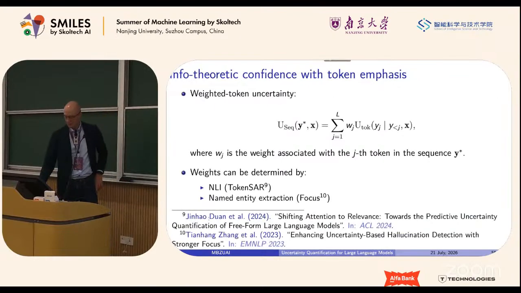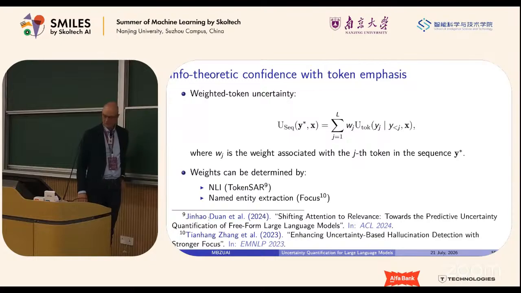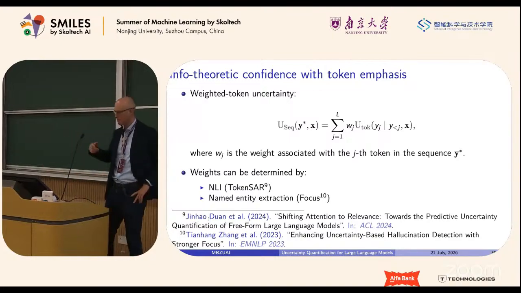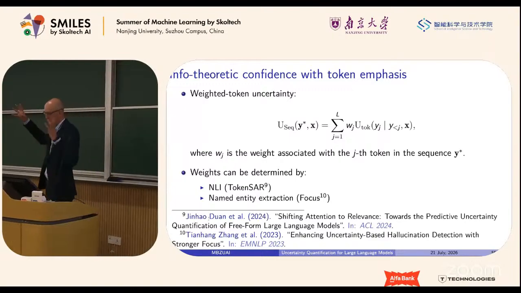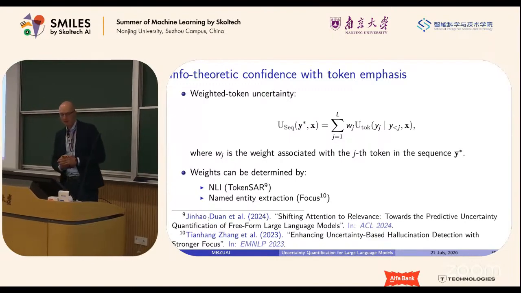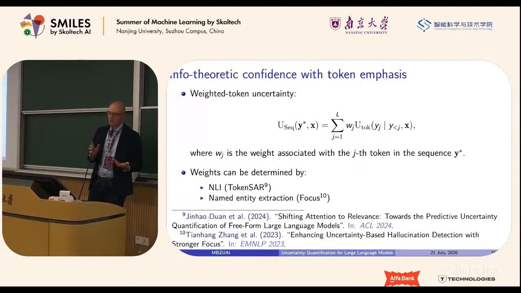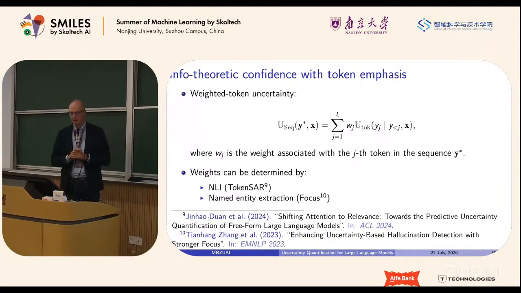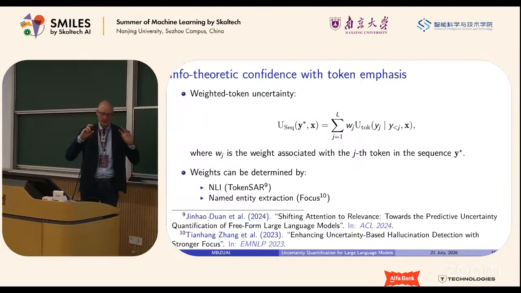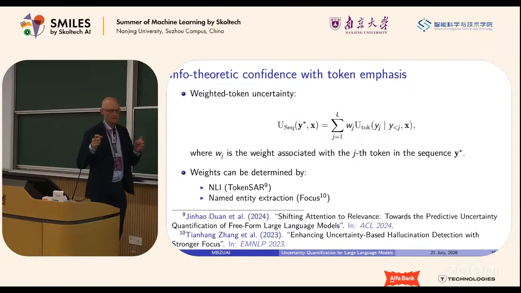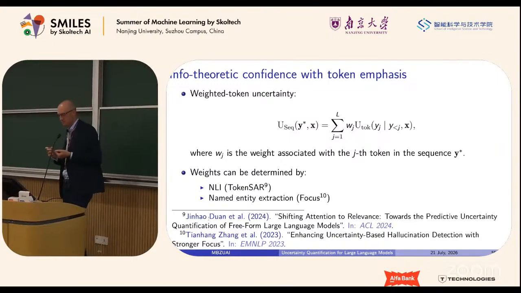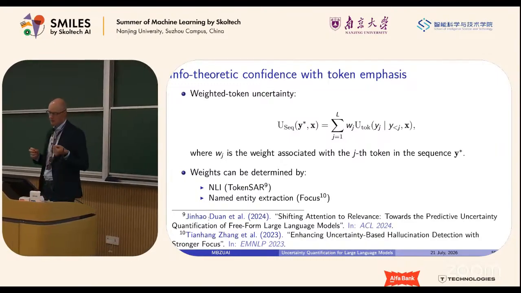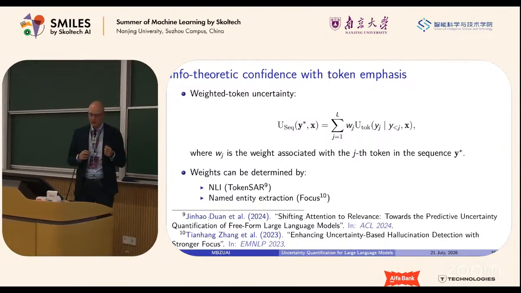So how can people do this? Well, first of all, of course, you can assign some weights to the tokens before you aggregate them into an uncertainty score for the whole sequence. There are a few ways to do this. One of them is through, let's say, analyzing scores. We can remove a certain word and see how the meaning of the text changes. This method is called TokenSAR.